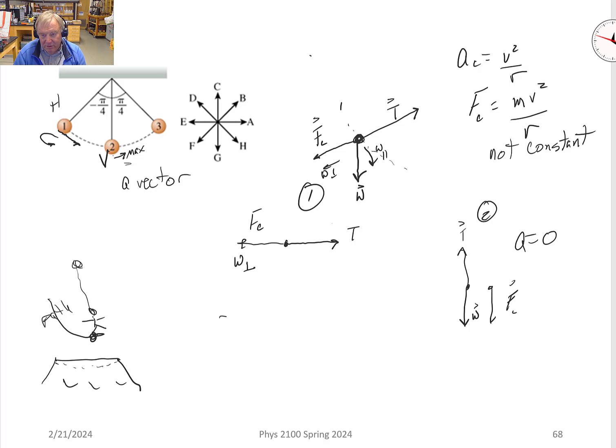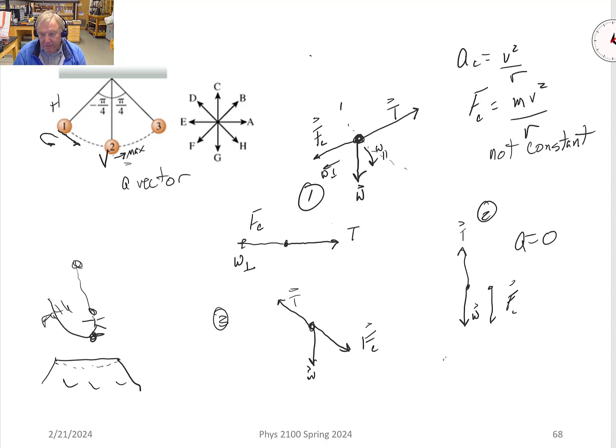Now position 3, we just have the opposite of position 1, where now we have the T vector going this way, a possible F centripetal, because the velocity could be 0 if that's the turnaround point, and we have a weight vector.